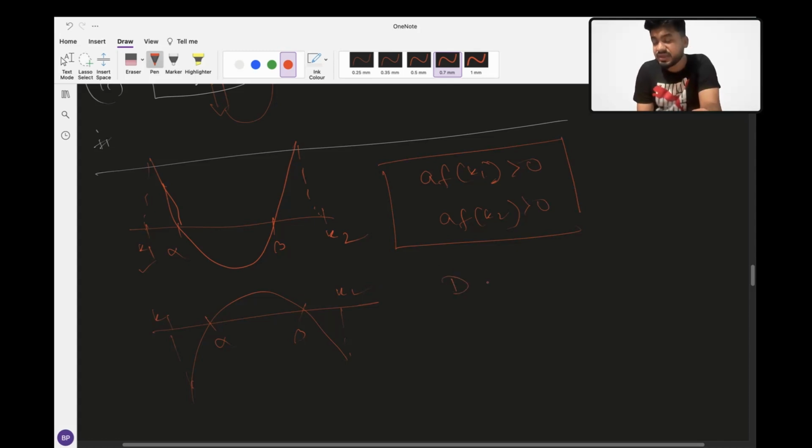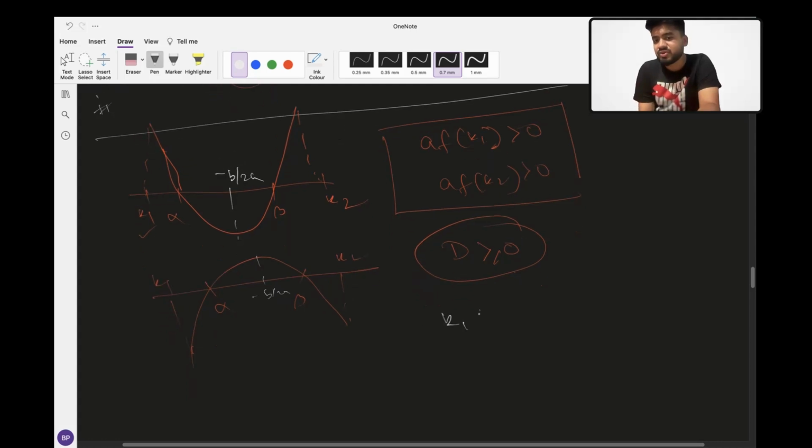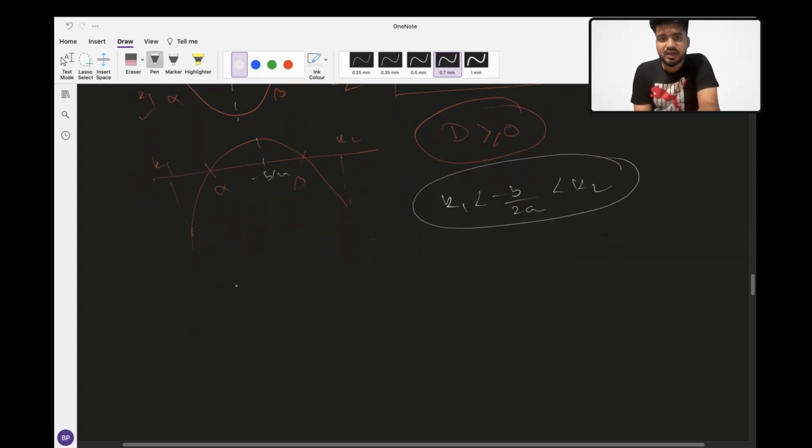Yes, D will be greater than or equal to 0. Can you comment on minus b by 2a? Yes, minus b by 2a is somewhere here. So we can say that k1 will be lesser than minus b by 2a and lesser than k2. That's clear?